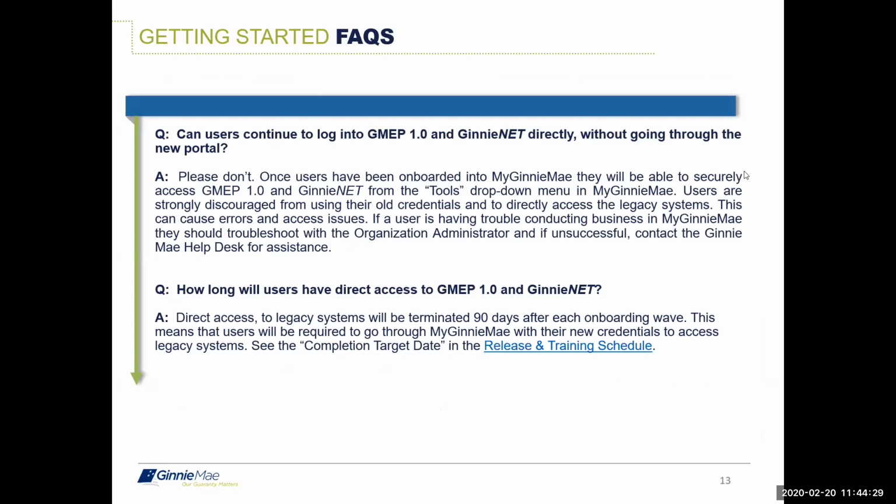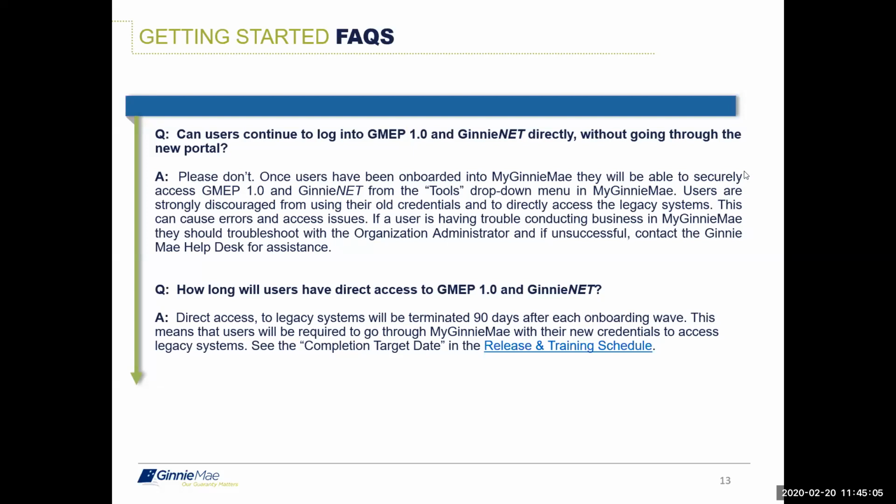We encourage you to use MyGinnieMae as soon as you have been provided access. Once again, it's one username and one password to get you to all of the existing systems. So please do not continue to use your old credentials to log into legacy systems directly. Make sure that you are using your new credentials and logging in through MyGinnieMae to get to those systems. There will be a 90-day window after which time you will no longer have direct access to those systems.